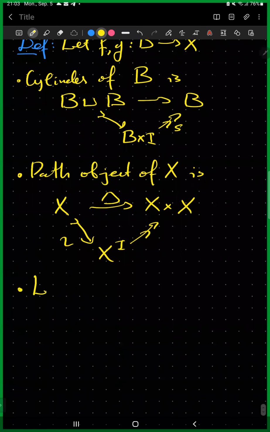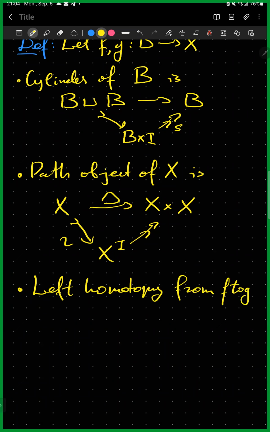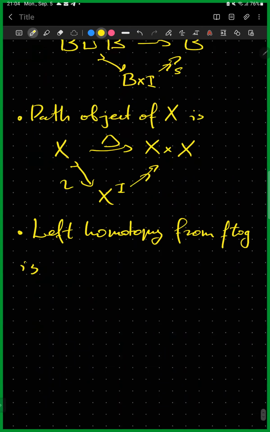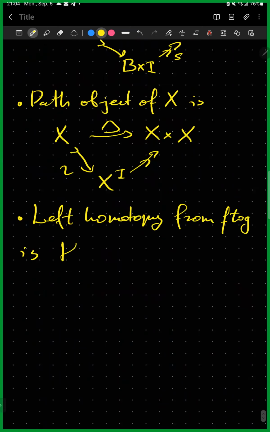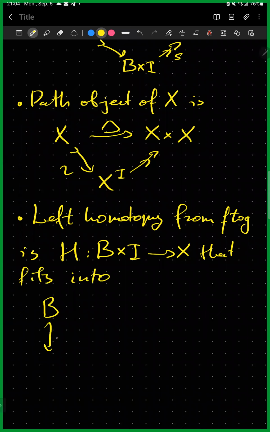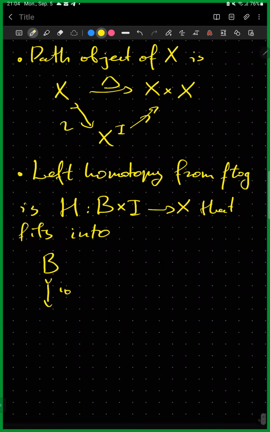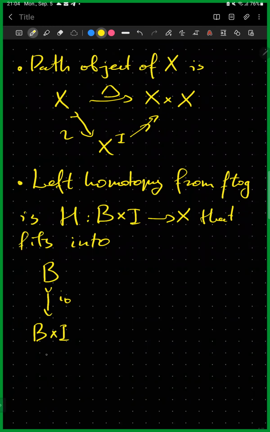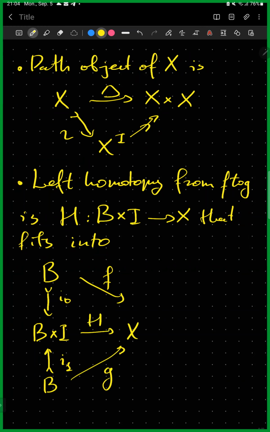A left homotopy from f to g is a map H from B times I to X that fits into the following diagram. Very similar to what we have for topological spaces.